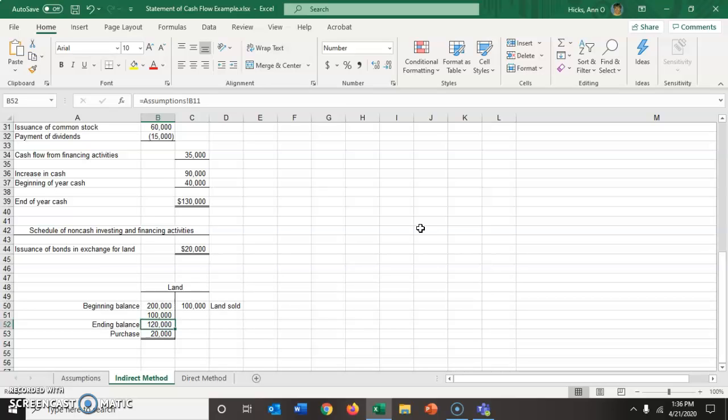However, if you look at the balance sheet at 12/31/19, the ending balance is $120,000, not $100,000. So there must have been an addition to the land account of $20,000. That's the land that was issued in exchange for the bonds. And so we can verify by walking through the transactions in the land account that this $20,000 is indeed valid.